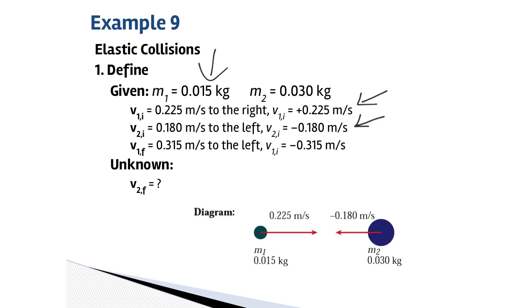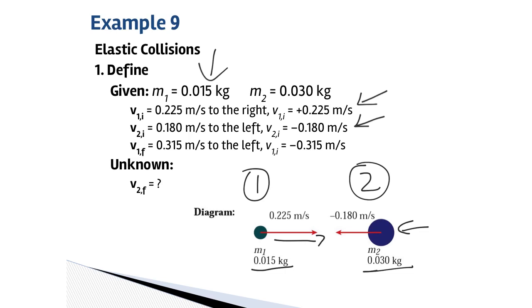So drawing the picture, here's the first marble, here's the second marble. The first marble has a mass of 0.015 kilograms, moving to the right. The second marble has a mass of 0.03 kilograms, and it's moving to the left.